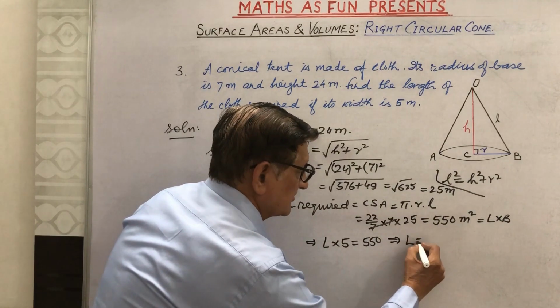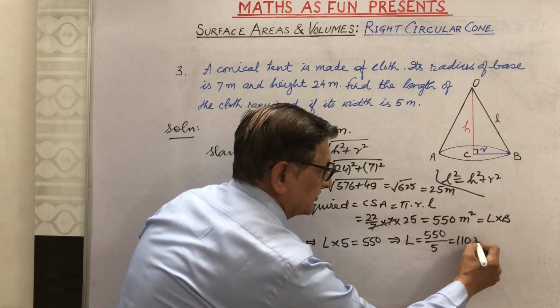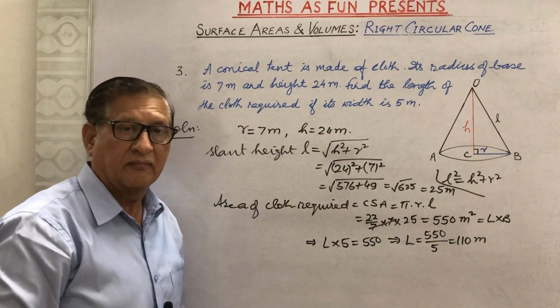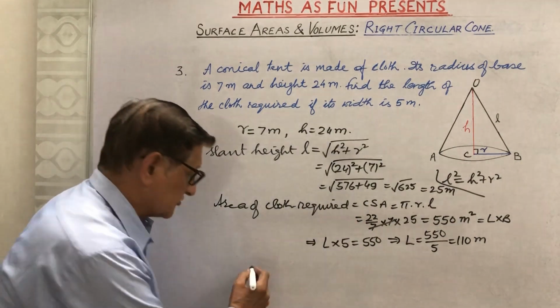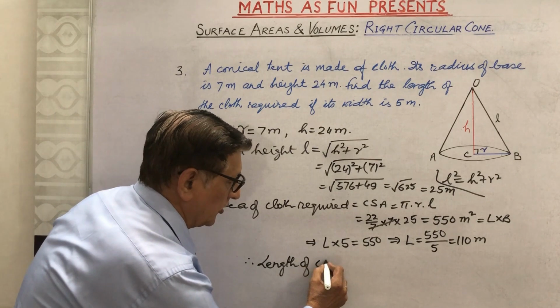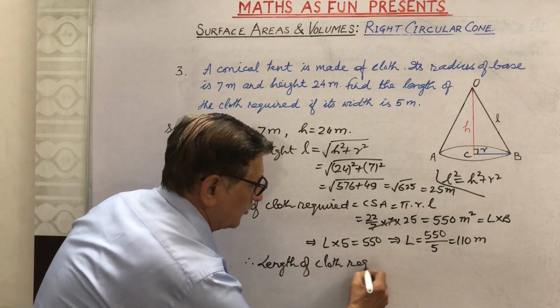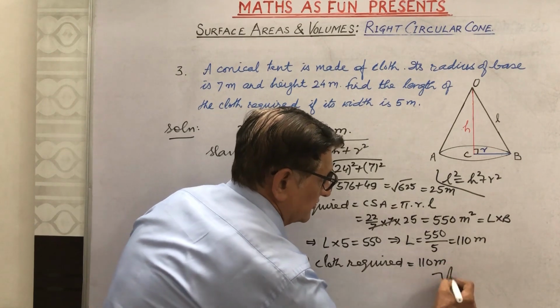It means L is equal to 550 divided by 5, that is 110 meters. It means the length of the cloth required is 110 meters. So we write therefore length of cloth required is equal to 110 meters. This is the answer.